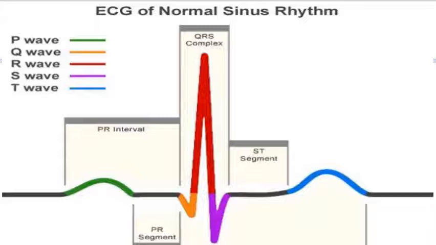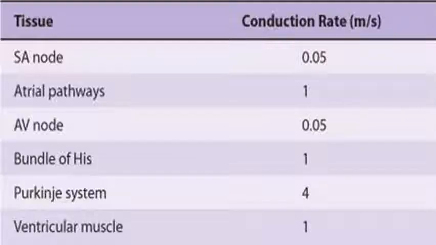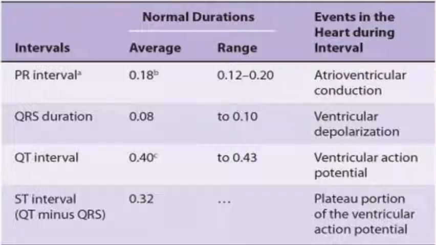Now let us just recapitulate the ECG intervals. The PR interval: the event in the heart during this interval is atrioventricular conduction. Range is 0.12 to 0.2 seconds. QRS duration, that is the ventricular depolarization, ranges from 0.08 up to 0.1.